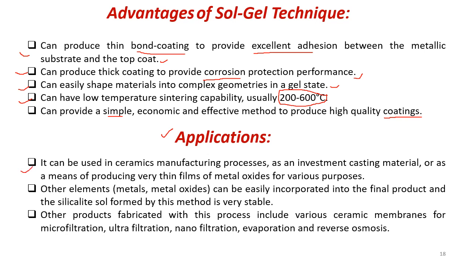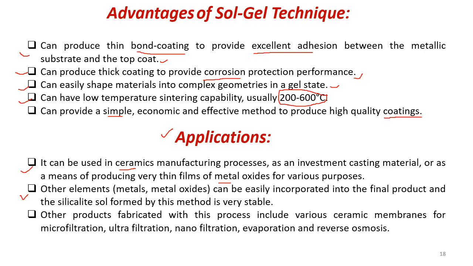It can be used in ceramic manufacturing processes, as an investment casting material, or as a means of producing very thin films of metal oxides for various purposes. Other elements like metal oxide can be easily incorporated into the final product, and the silicate sol formed by this method is very stable.